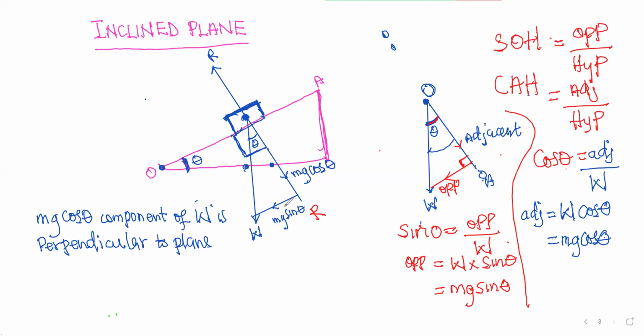And then the mg sine theta is parallel to the inclined plane. Mg sine theta is parallel to the inclined plane.